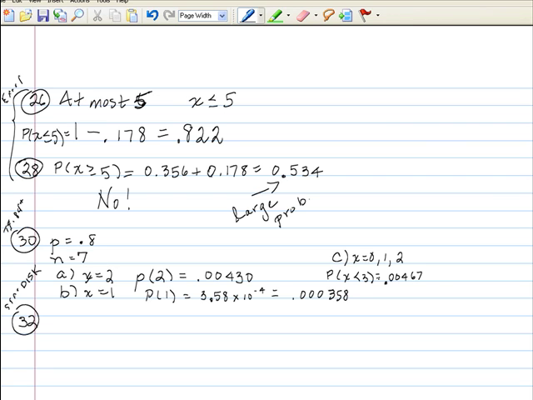The answer is yes, because that probability is less than 0.05. And if we look at part C, actually it's not much better when you consider 0, 1, and 2, and that's really the part we want to look at. So D is yes, it's unusually low. Certainly that probability again is less than 0.05.